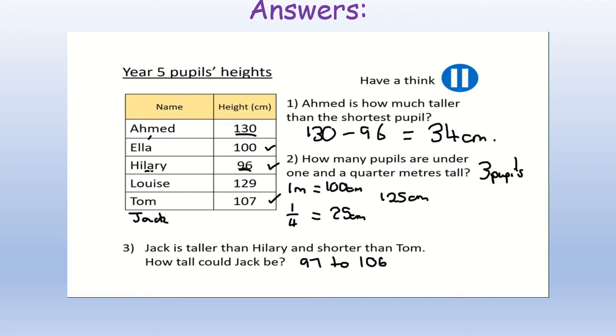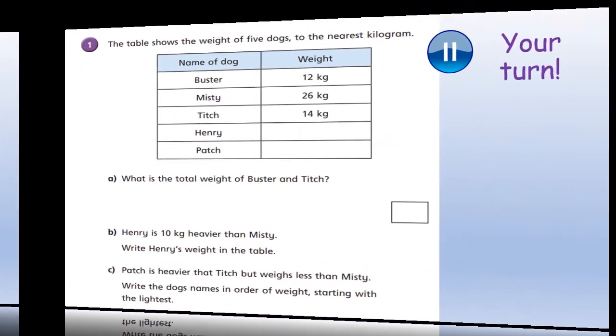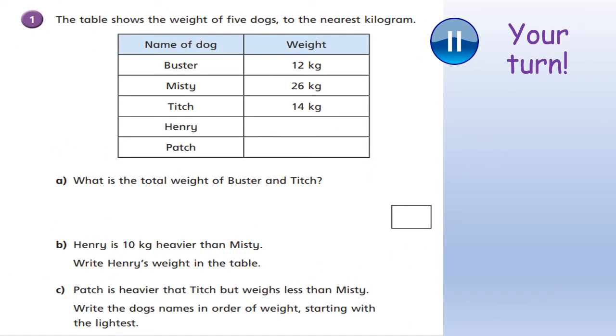How did you do with these questions? You're doing really well. So now I'd like you to use the following tables to work out the answers to these questions. Question 1. This table shows the weight of 5 dogs to the nearest kilogram.